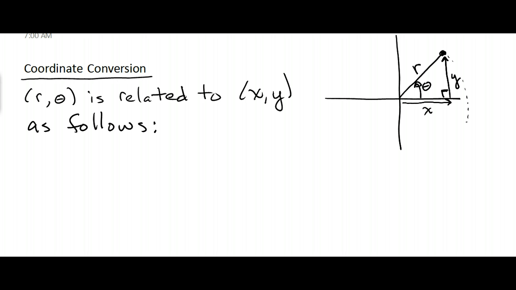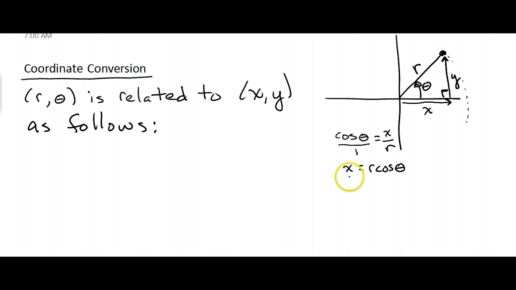So if I look at the cosine of theta here, it would be x over r, adjacent over hypotenuse. And then if I solve this for x, put this over 1, cross multiply, I would get x equals r cosine theta.